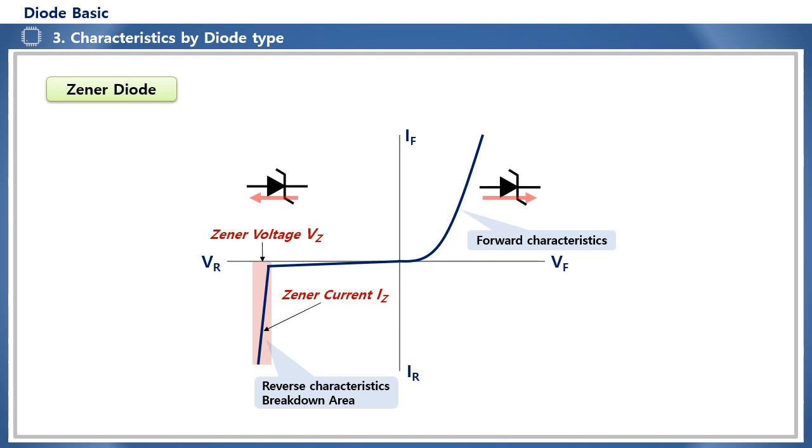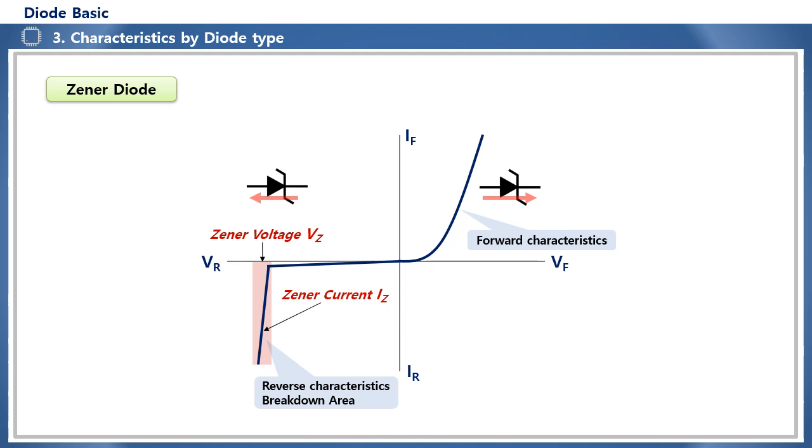While general diodes are used in the forward direction, the Zener diode is used in the reverse direction, and due to its characteristic of maintaining a constant voltage, VZ, for a reverse voltage higher than the Zener voltage VZ, it is used as a protection element to protect the circuit from surge current and static electricity, and in constant voltage circuits.